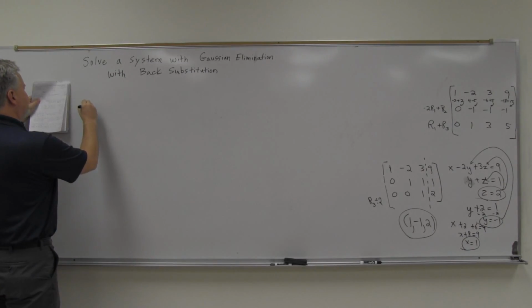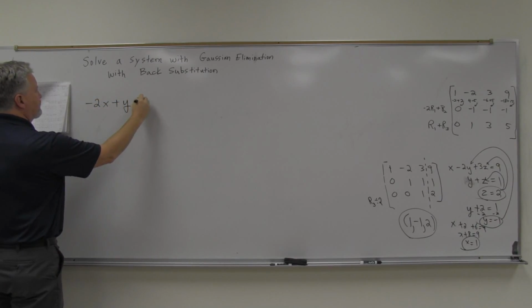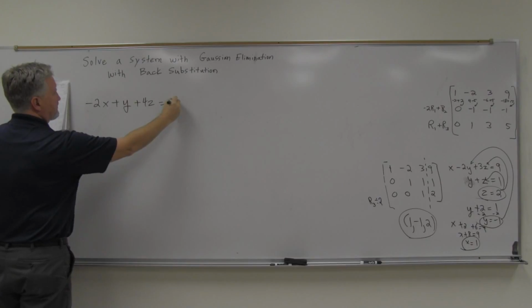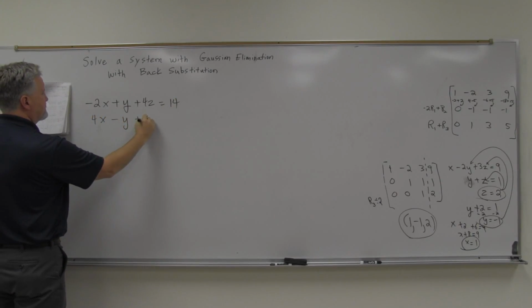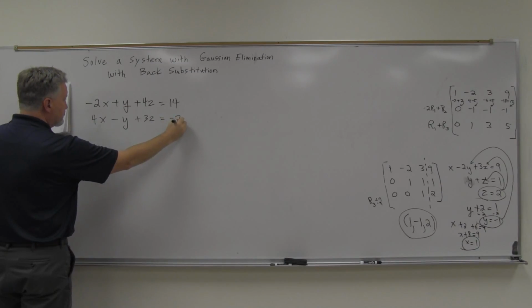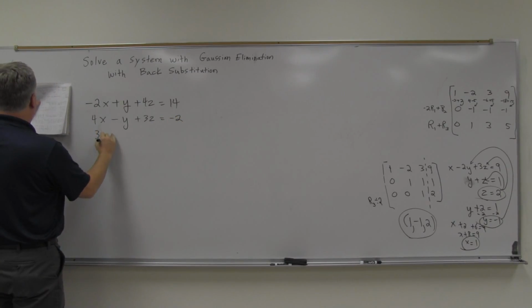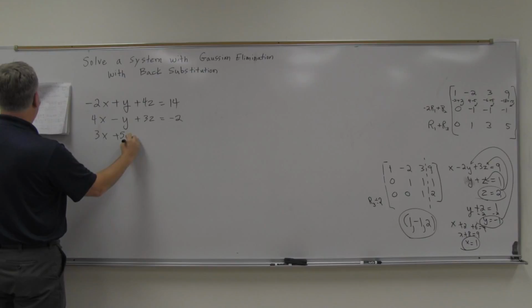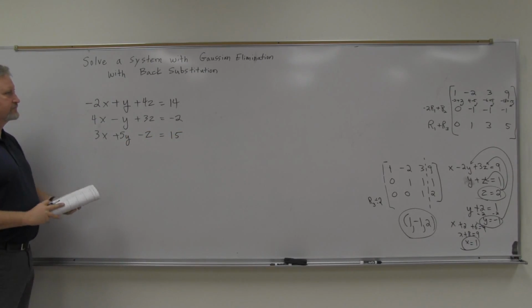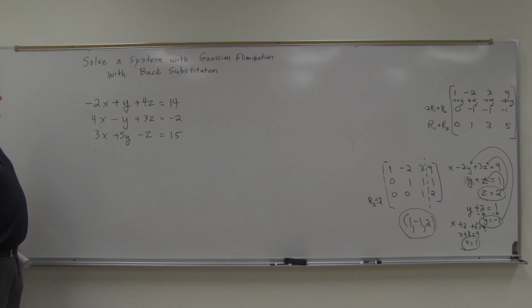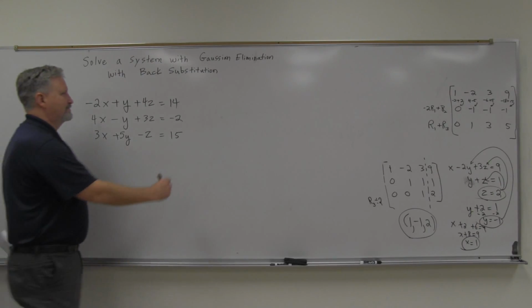All right, so here's the third. Negative 2x plus y plus 4z equals 14. 4x minus y plus 3z equals negative 2. 3x plus 5y minus z equals 15. Gaussian elimination, back substitution.